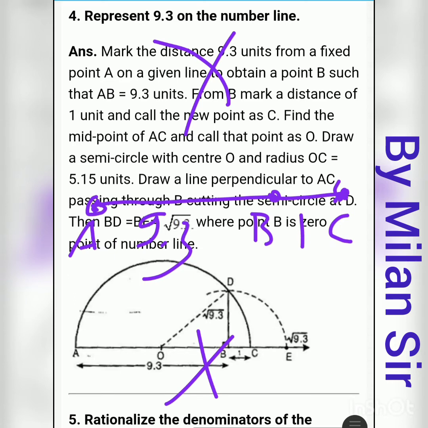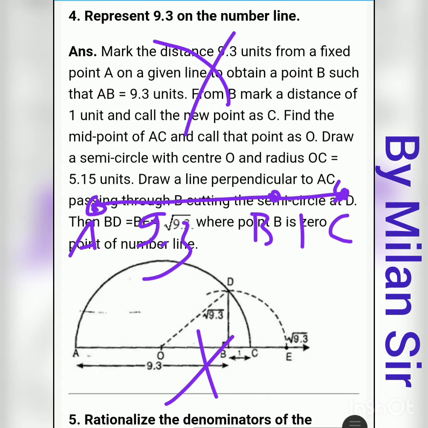So from both points A and C we need to draw one arc in upward direction and one arc in downward direction. One more thing: from point A, whenever we draw an arc, the radius of your compass needs to be more than half the length of AC.